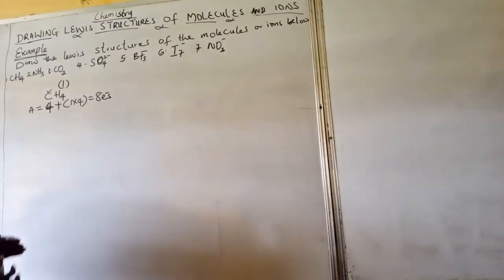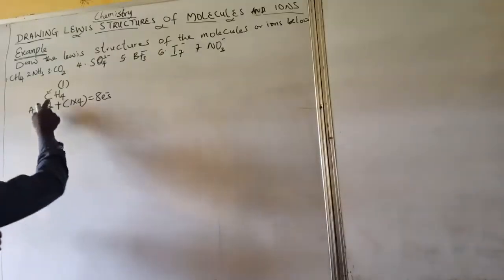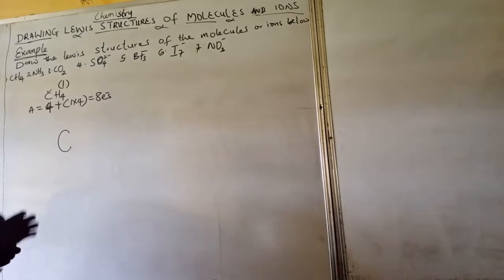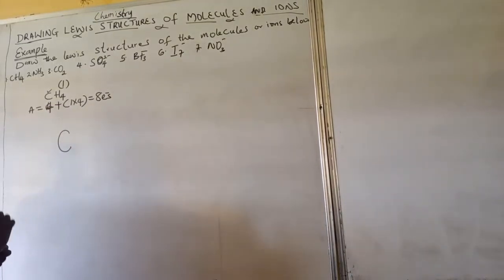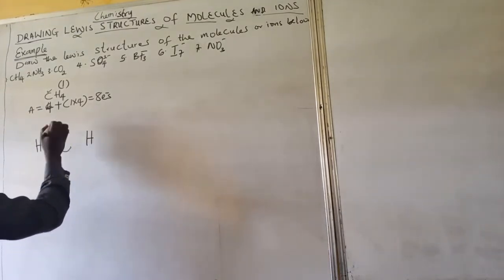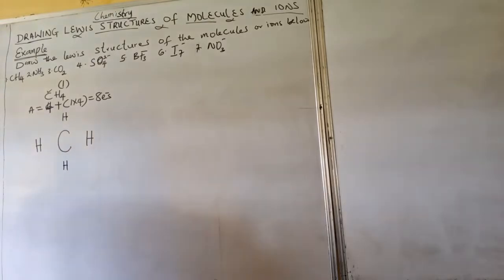So, step 3, as we said, we bring the central element out, then spread the other atoms around the carbon. As you can see, hydrogen, hydrogen, hydrogen, hydrogen.